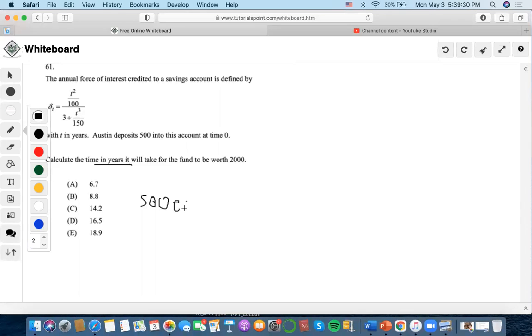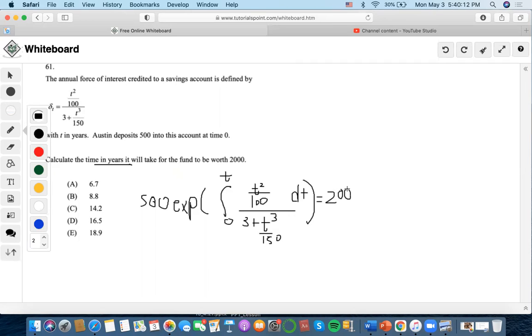Then we put the base e, or we can also denote it exp, from time 0 to the unknown T. Then we plug in this whole expression: T squared over 100 over 3 plus T cubed over 150, dt. And then we set it equal to 2,000. So this is the equation we're working with to find T, right?